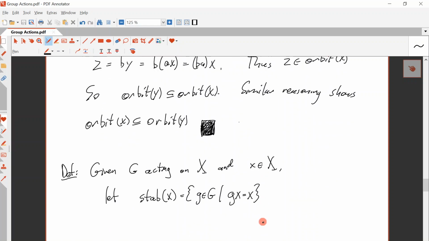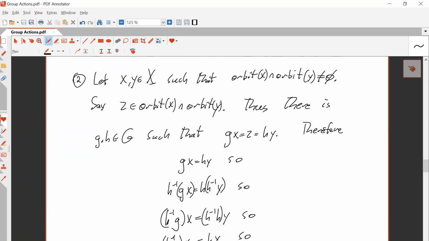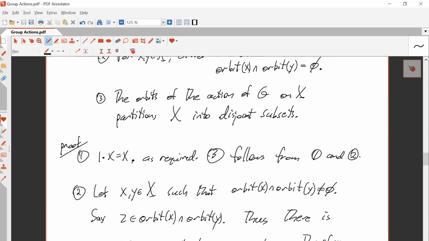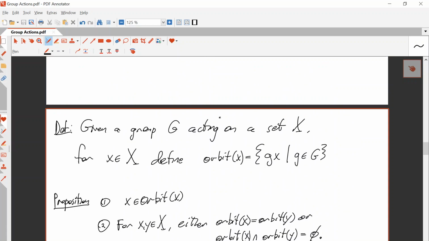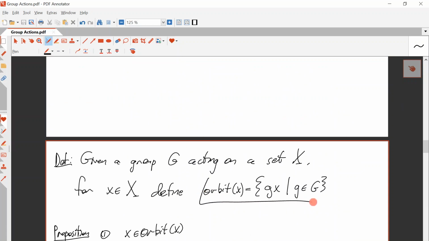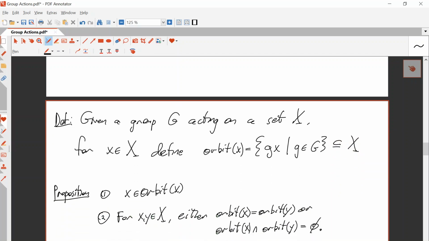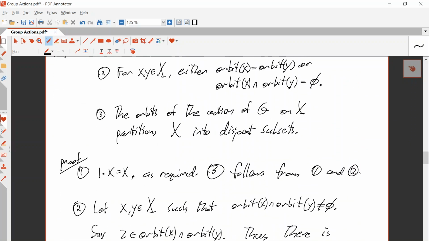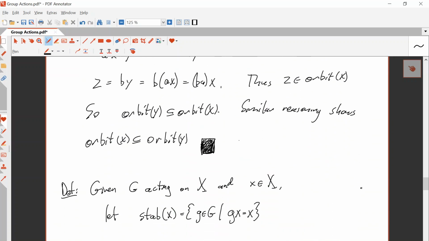Right? The orbit of x, it's the set of all gx, such that g is in G. These are in X. This is a subset of X. The orbit of x. The stabilizer of x.